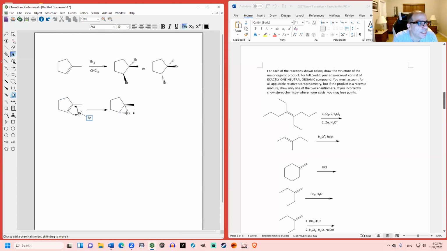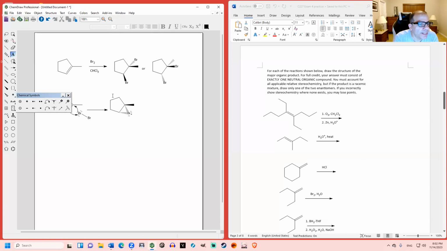You get this plus the enantiomer. I could also have drawn the methyl group with a dotted bond and the two bonds to bromine as wedge bonds. So you get this species.